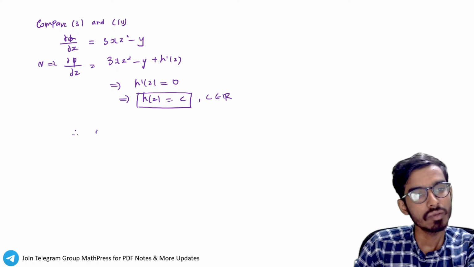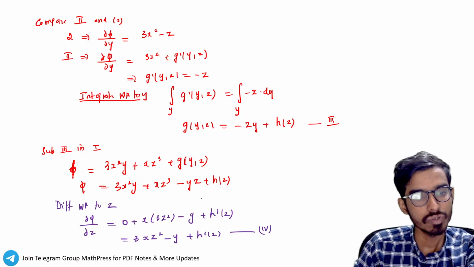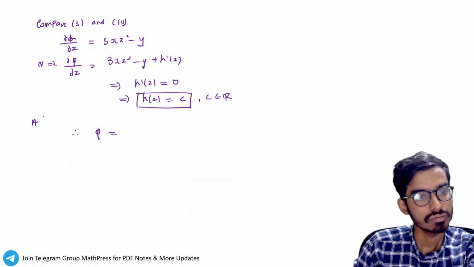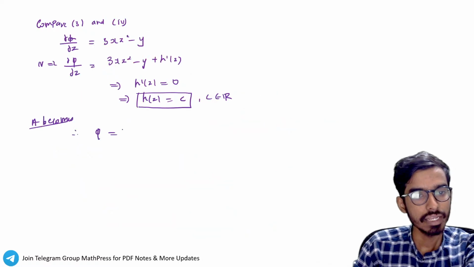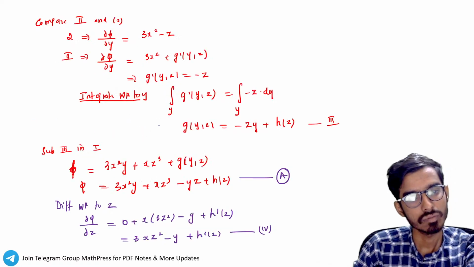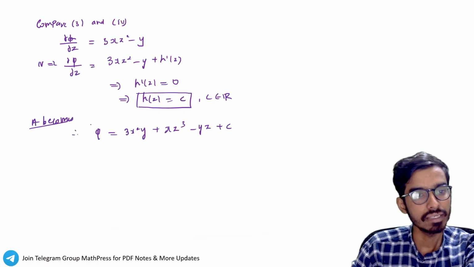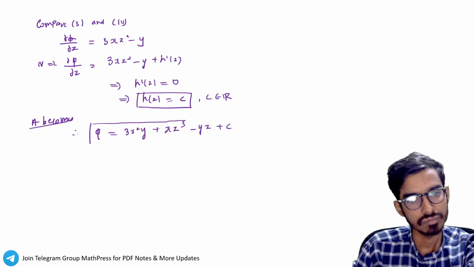So therefore the required phi is 3x square y plus xz cube minus yz plus c. This is the required phi.